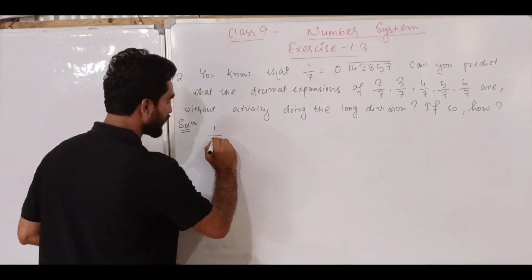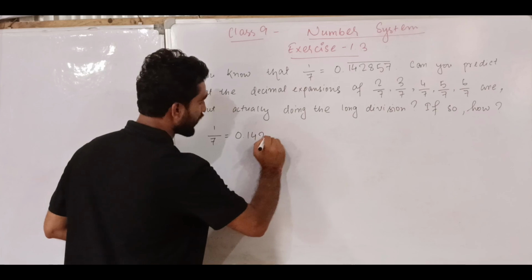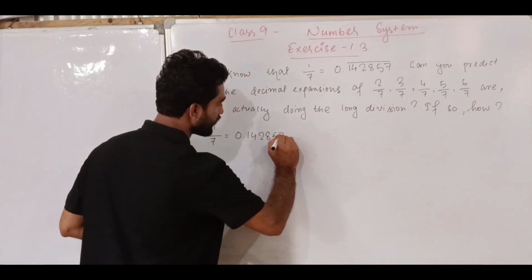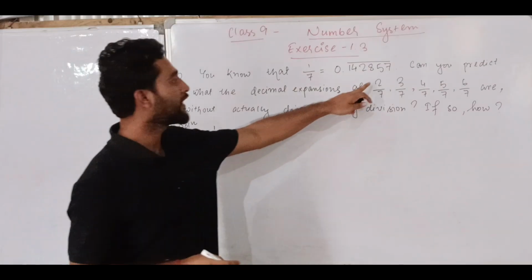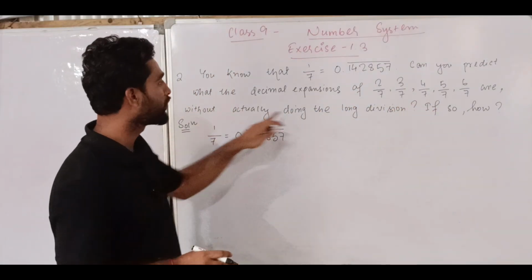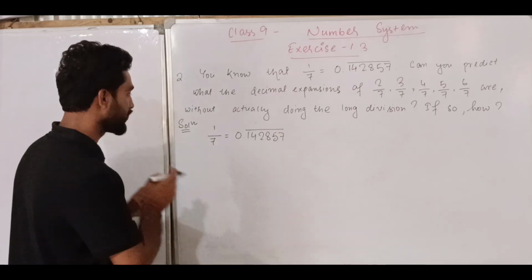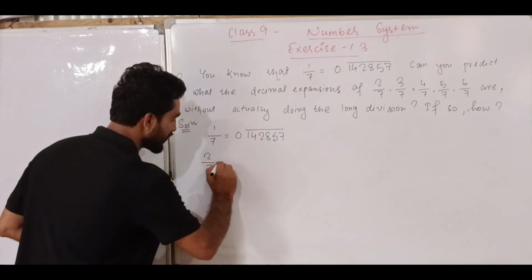In the question it is given 1 by 7 is equal to 0.142857 bar. Now we have to tell the decimal expansion of these rational numbers, but we are not allowed to do the long division method. So let's see how we can divide. See 2 by 7.